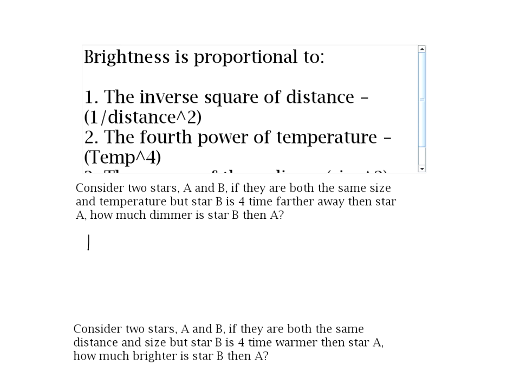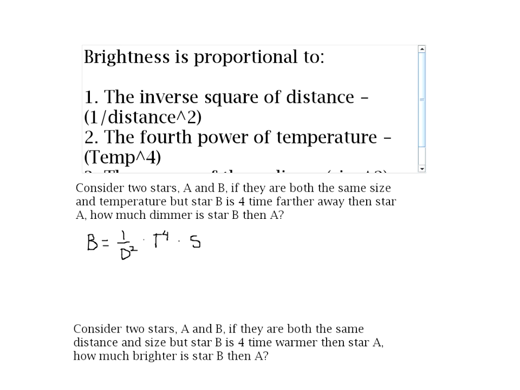The relative brightness will be equal to 1 over the distance squared, and I'll use capital D because it's easier for me to write with a pen, times the temperature to the 4th power, times the size or radius squared.